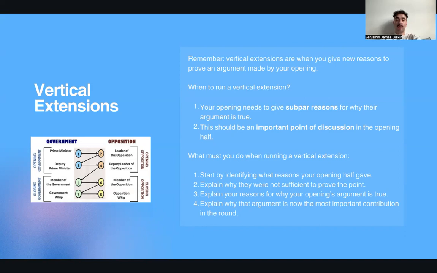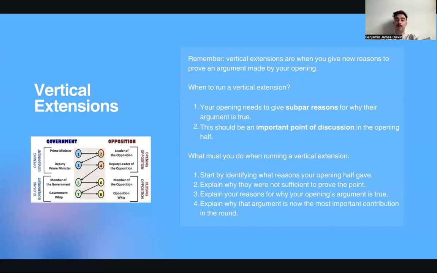However, what you are allowed to do is frame that argument differently from your opening, and point out whether the opening on the other side of the debate, so in this case, opening opposition, makes a valid critique of opening government's point that they do not respond to. And so the idea here is that you're attempting to find a way to explain to the adjudicator why the argument made at opening is not great without directly rebutting them yourselves.